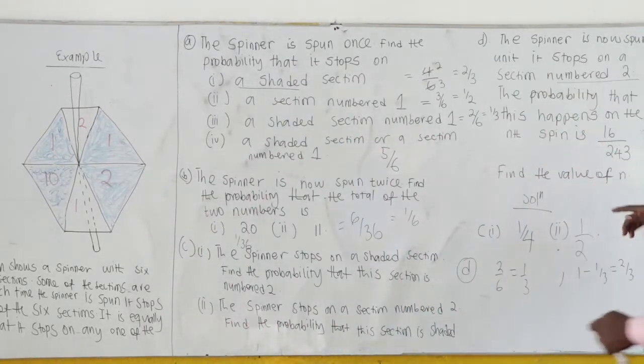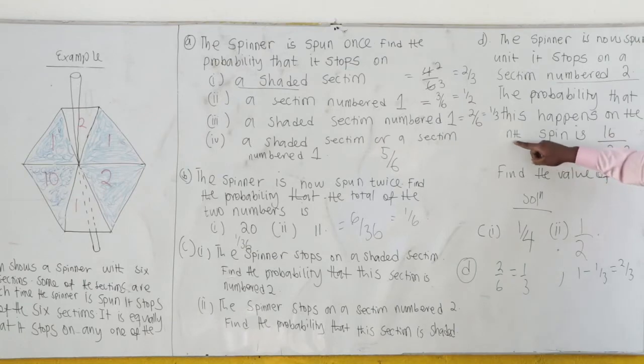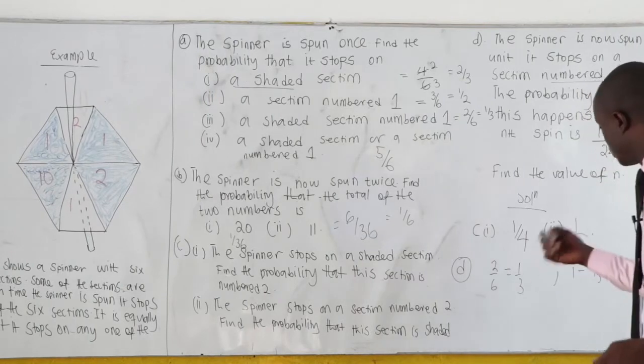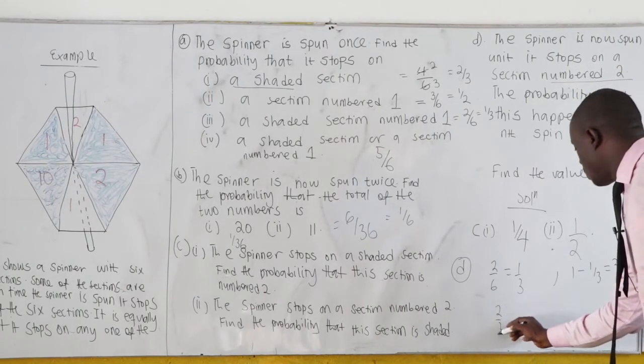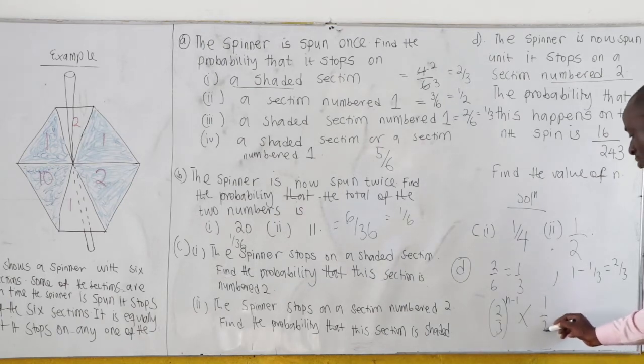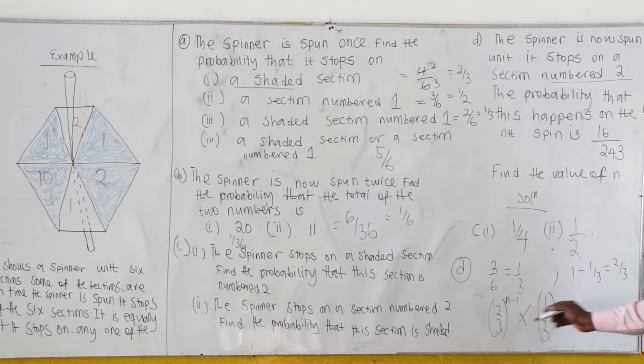Hence, if the probability that it lands on the nth spin is 16 over 243, then the probability is 2 over 3 all to the power n minus 1 times the probability that it stops on 2, which is 1 over 3. And when you multiply these two, we should get 16 over 243. We are being told to find n.